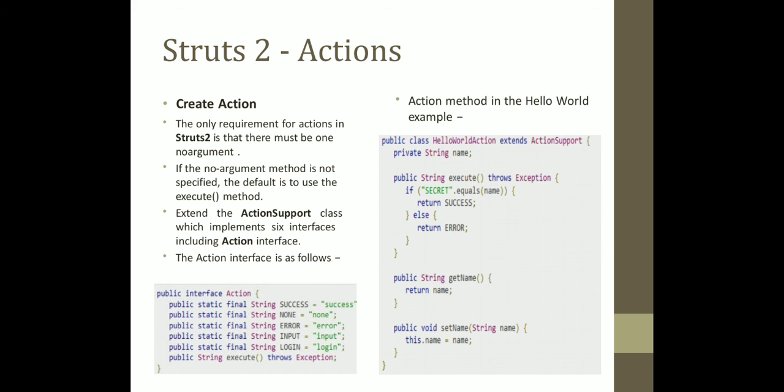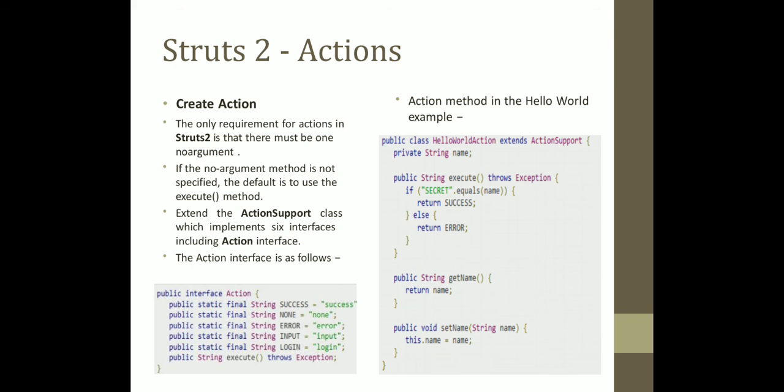Then we have another function, public String getName. It will return the name variable that we are providing, and public void setName will get the value of input from the user and set it, using the this keyword, that is this.name = name.